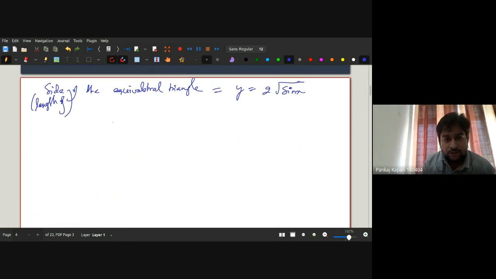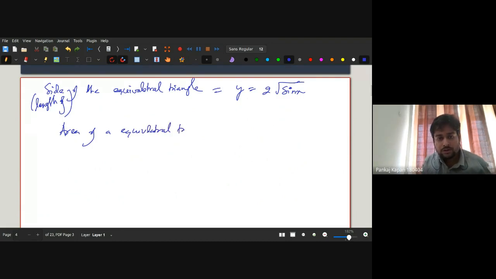Now what is the area of an equilateral triangle? So how do we find the area?